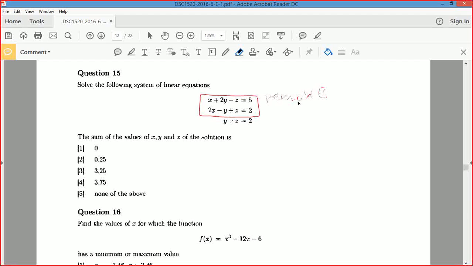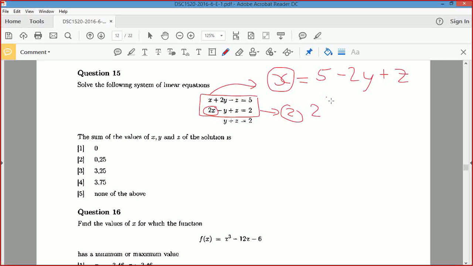This was the x that I looked at, which was x equals 5 minus 2y plus z. Then that x went into the 2x. If I put that into equation 2, it's 2 brackets 5 minus 2y plus z close brackets minus y plus z equals 2.